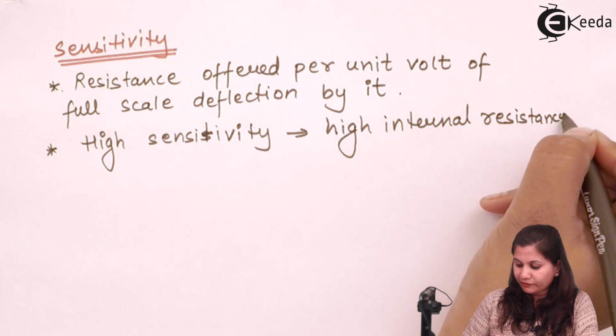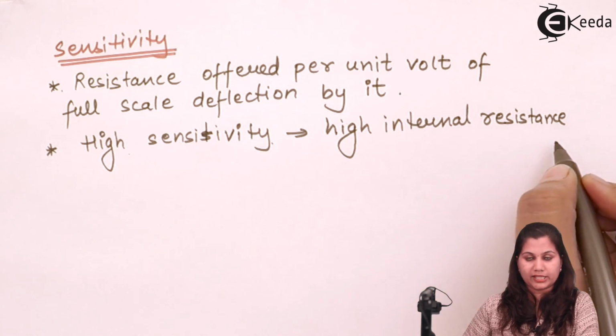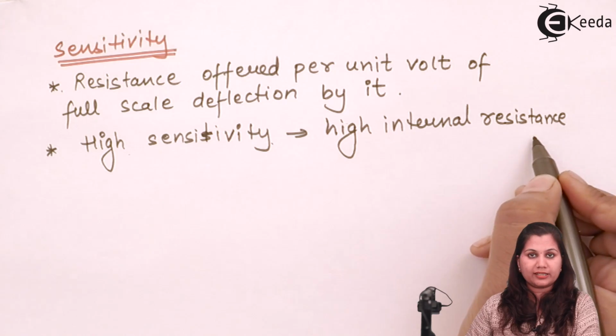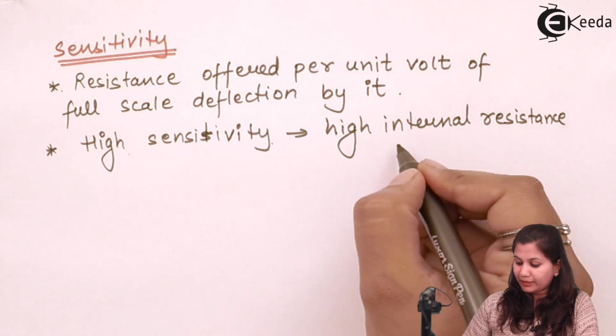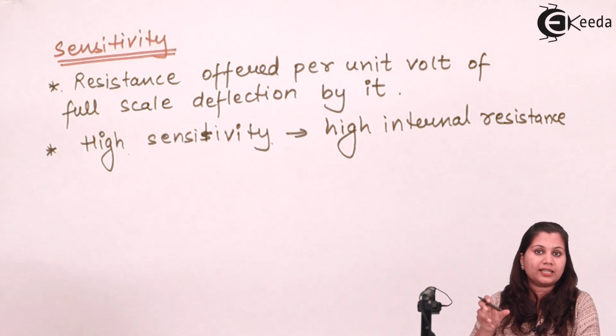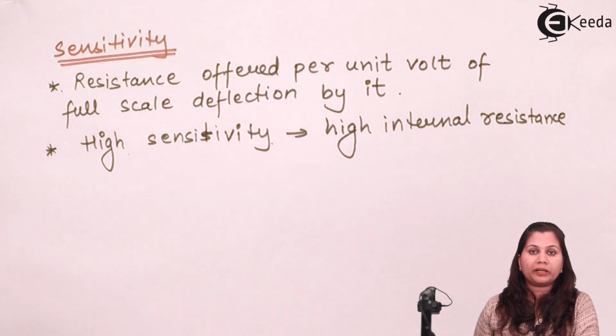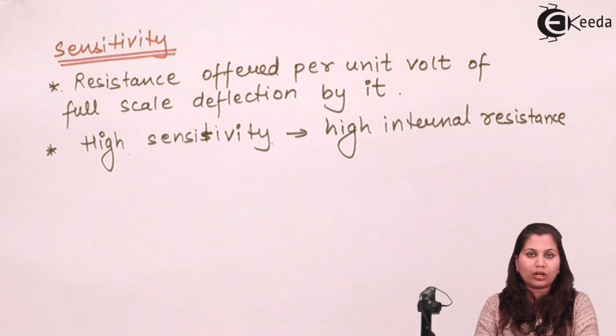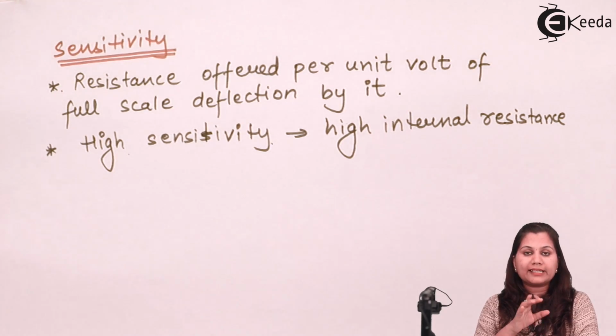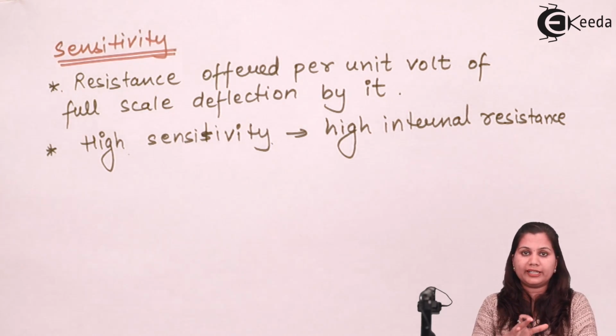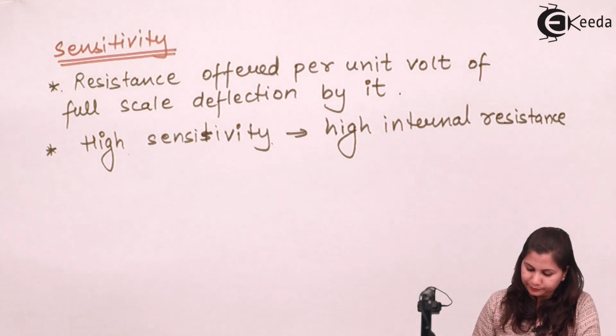So high sensitivity means high internal resistance, and if internal resistance is more, then when this instrument is connected in the circuit, it is going to draw negligible current from the circuit. So no current loss will be there, and accurate readings will be given to us.